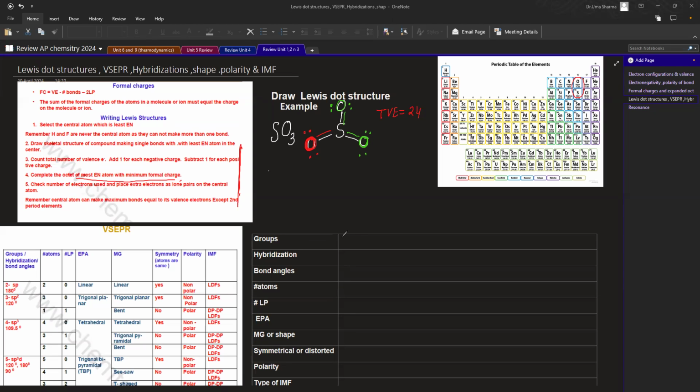So tell me the groups. This is the Lewis dot structure. We have used all 24 electrons, 8 here, 8 here, and 8 here. All 24 are used up. Count the groups. Now answer my questions. I want all of you to please answer.